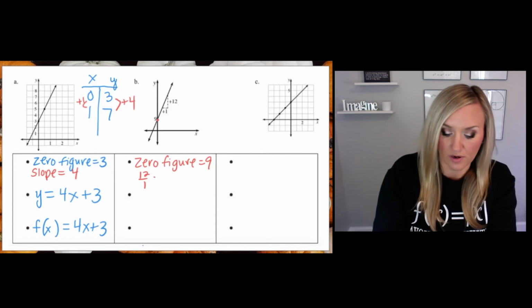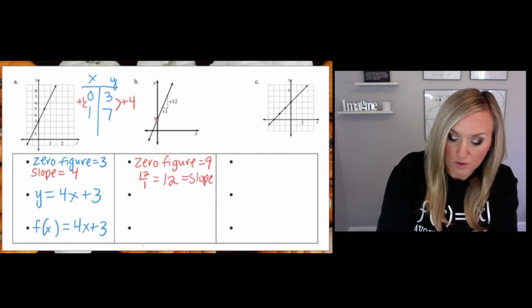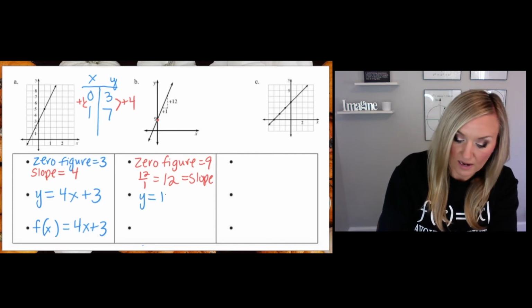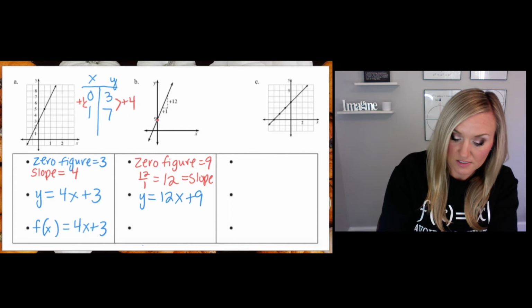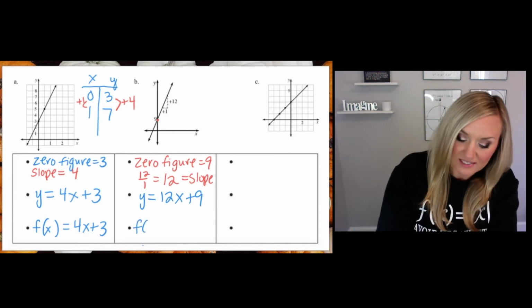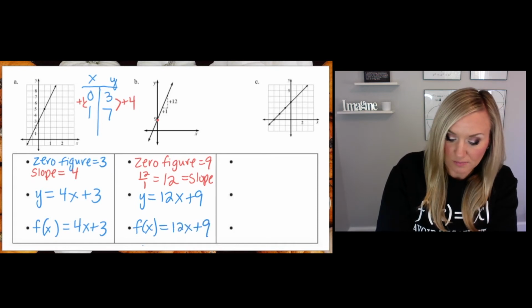Rise over run. And that is 12, and that is our slope, which is our m in our equation. So now we can write that y equals 12x plus 9. And since it is a function, we can say that f of x equals 12x plus 9.